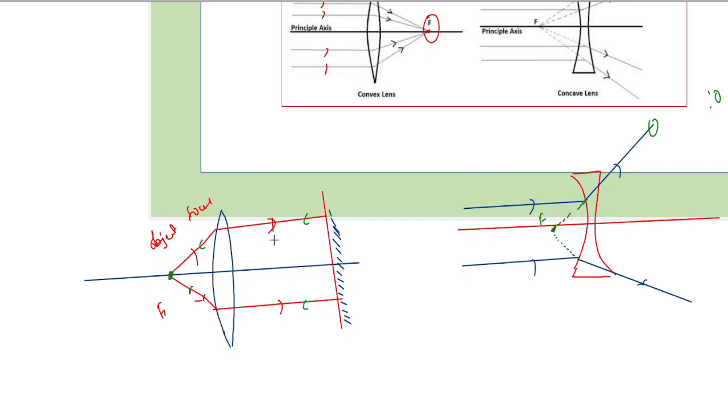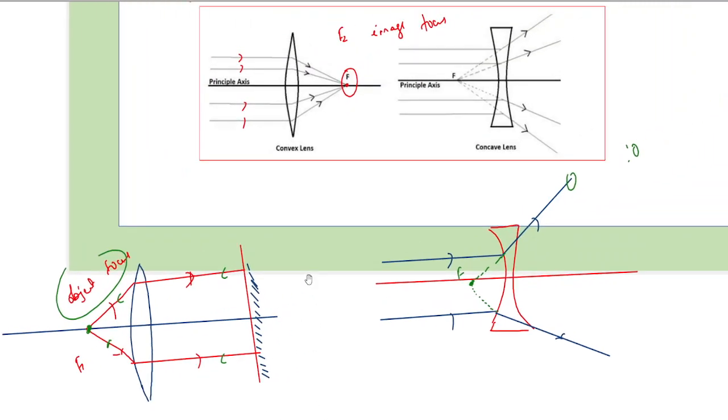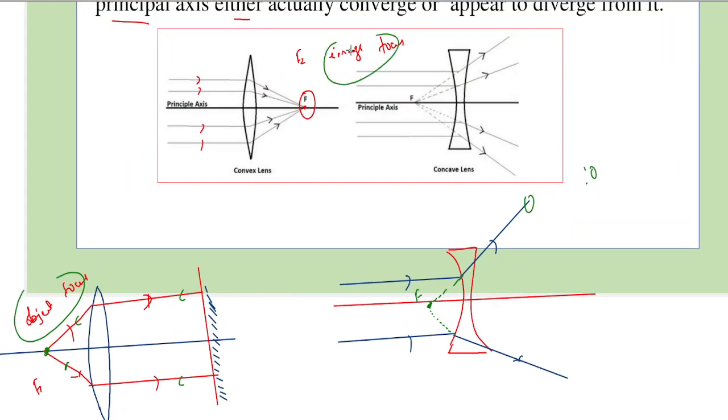So from this side, it's like light coming from infinity, and this would be the focus point. So in the case of lenses, we have two focus points called the object focus and the image focus. The same way, even for a concave lens, we get two points called the image focus, and here we get a point which is the object focus.